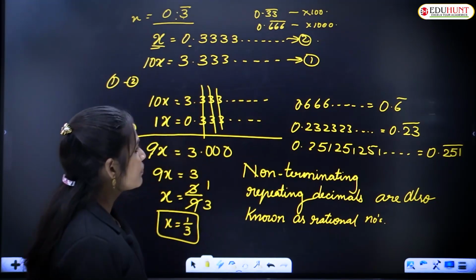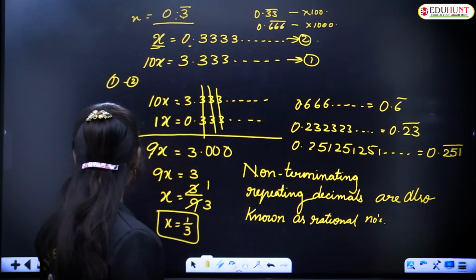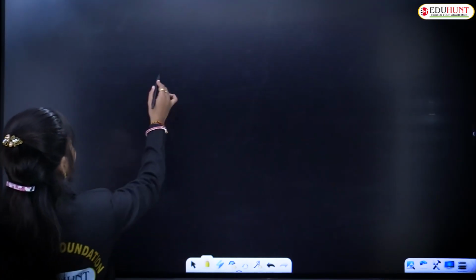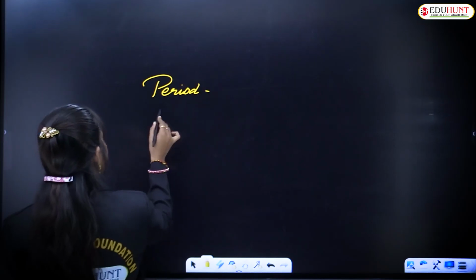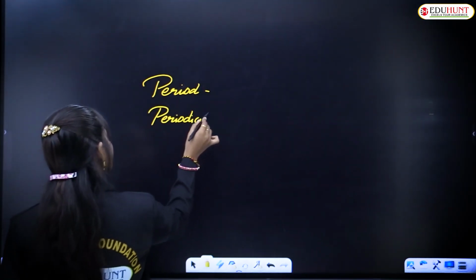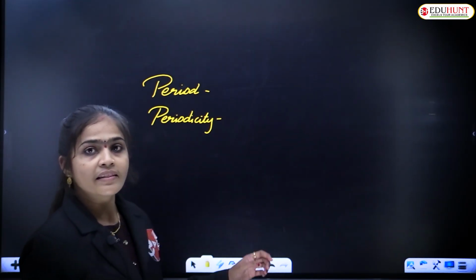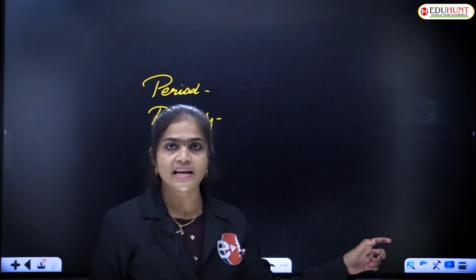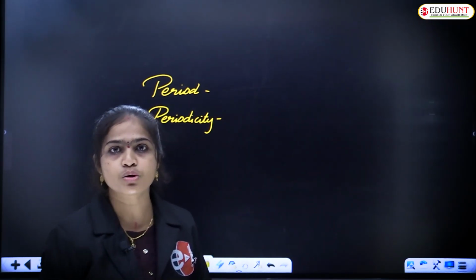Okay. So here we have another concept, that is period and periodicity. What is that? Period and periodicity. Period means the number which lies under the bar symbol, or the number which is in repetition in the decimal part, that is called period.